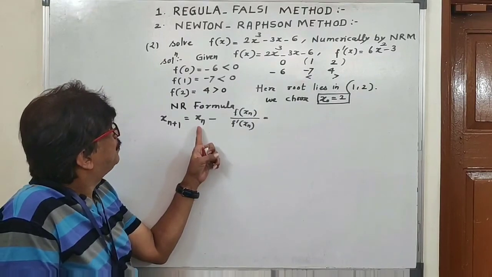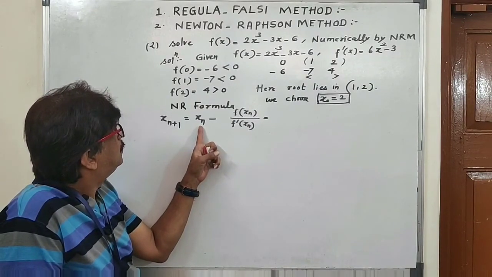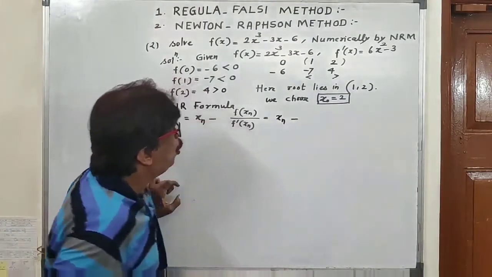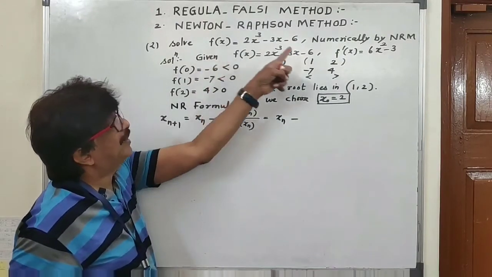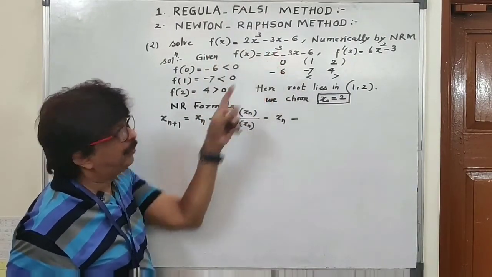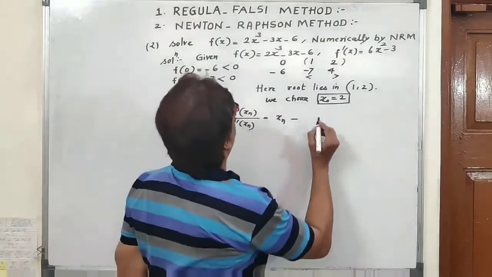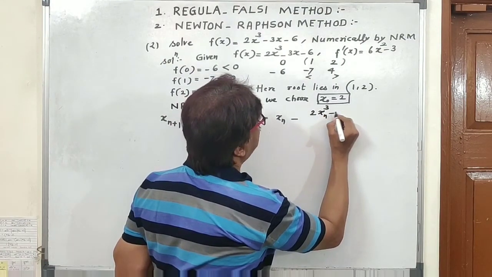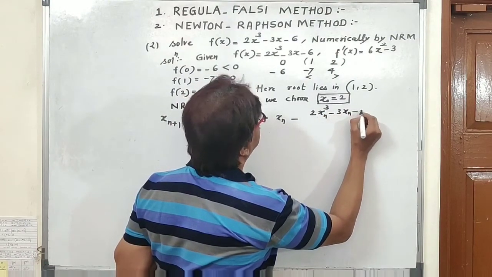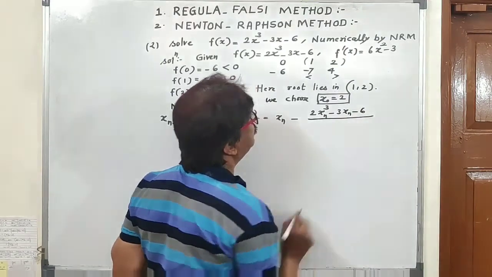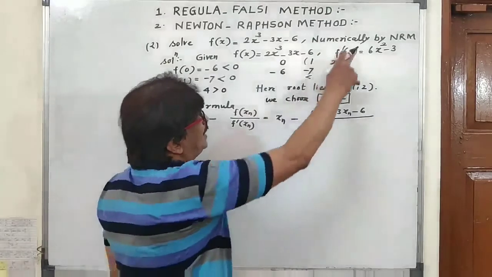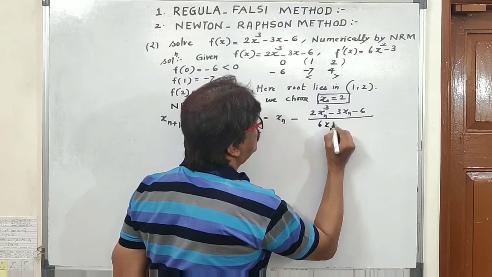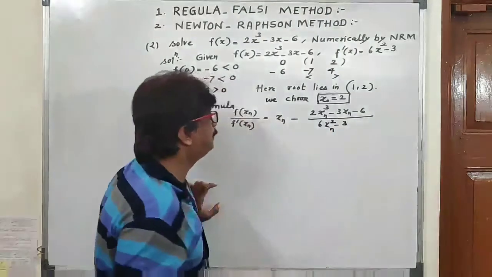What is f(xₙ)? This is the given algebraic equation, so f(xₙ) is 2xₙ³ − 3xₙ − 6, divided by f′(xₙ), which is 6xₙ² − 3.